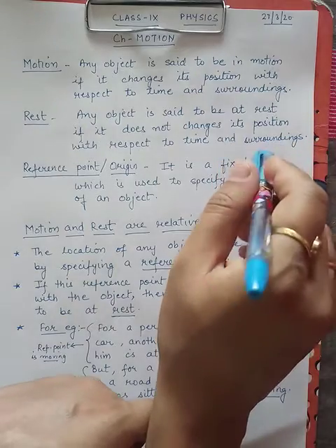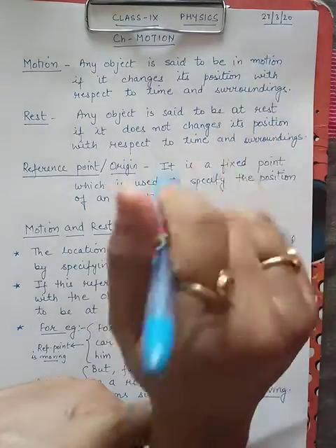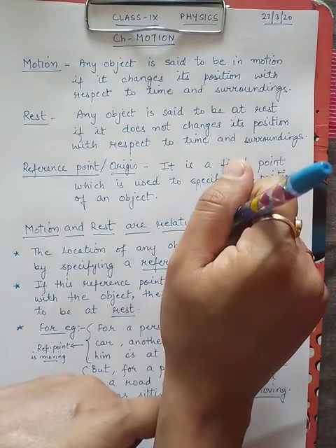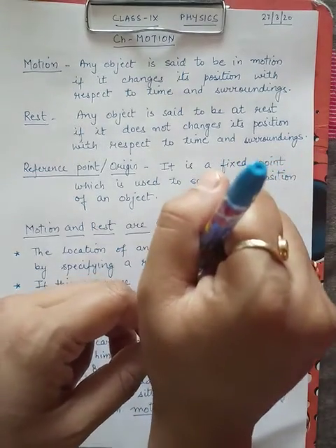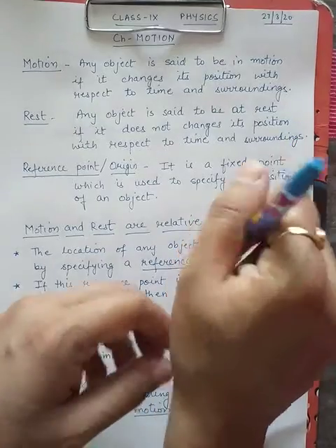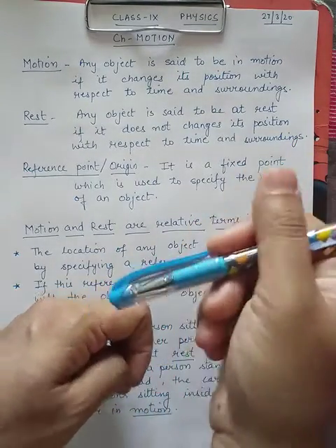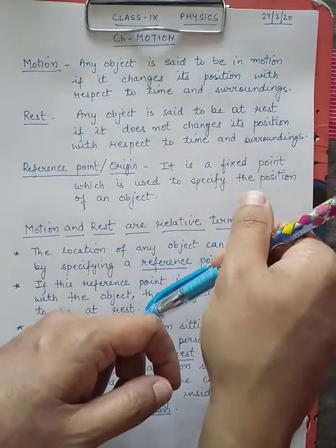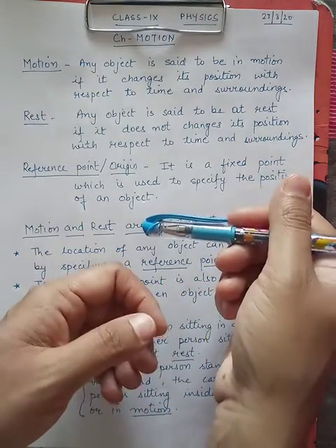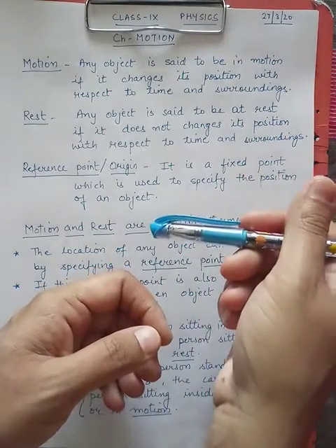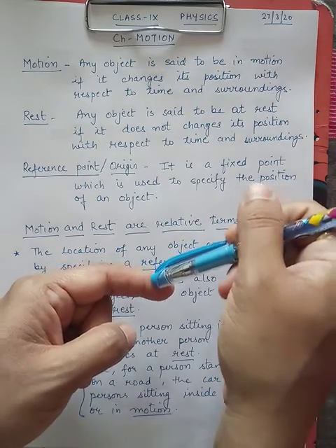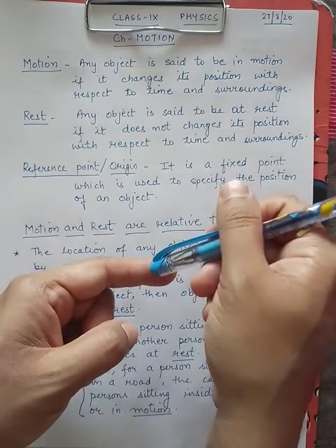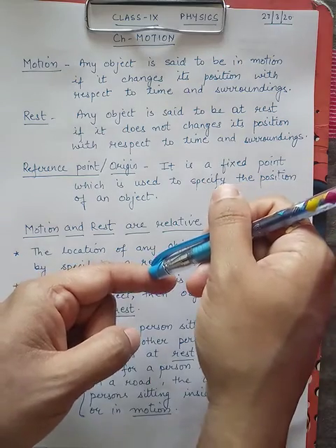So according to the person standing outside on the road, the persons sitting inside are in motion. But according to the person sitting inside the car, who is also moving along with the car, the persons sitting inside the car are all at rest, right?